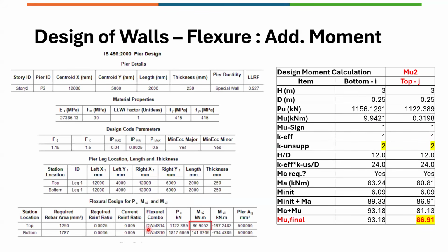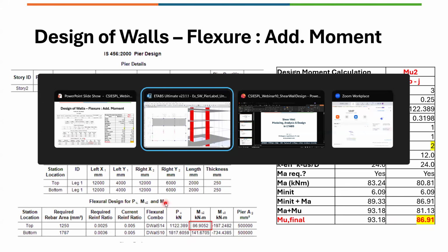So for a particular combination, you can see this additional moment is calculated and initial, and both are added to arrive at this. This is to demonstrate that the program automatically calculates the unsupported length.